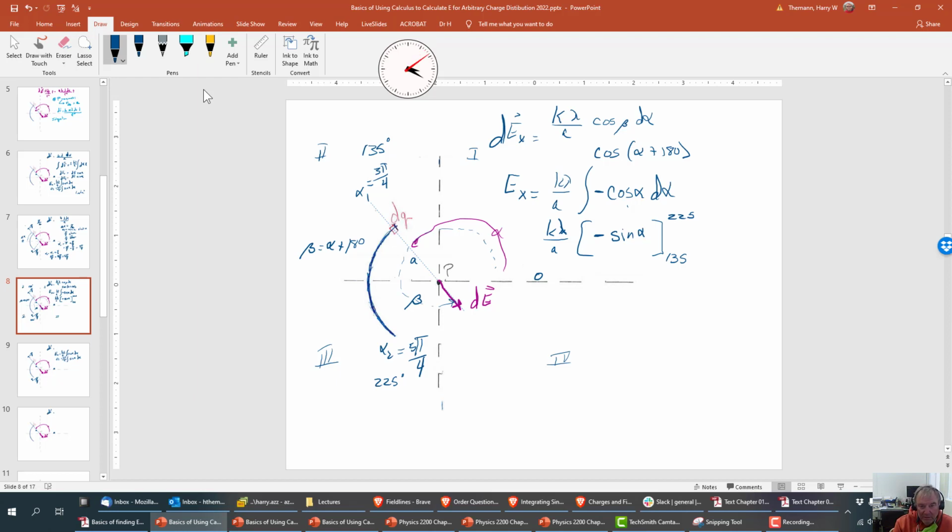So then I hit that with a negative sign. Let's write it out: k lambda over a, minus sine of 225 minus sine of 135.